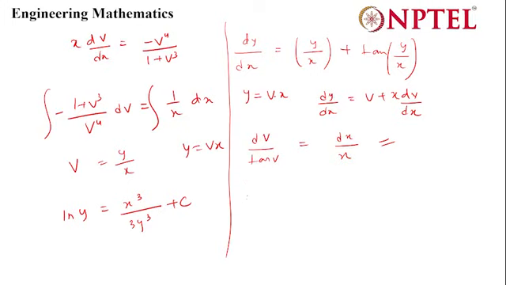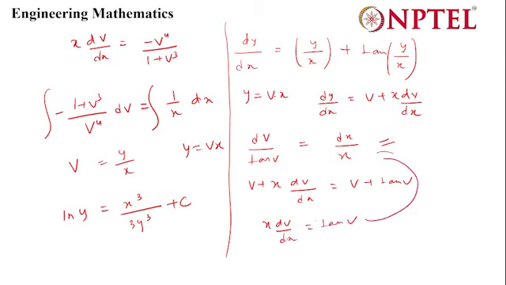After you put this, v plus x dv by dx will be v plus tan v. Then x dv by dx is equal to tan v. Then you have to integrate this equation. When you integrate, cot v dv is equal to 1 by x dx.